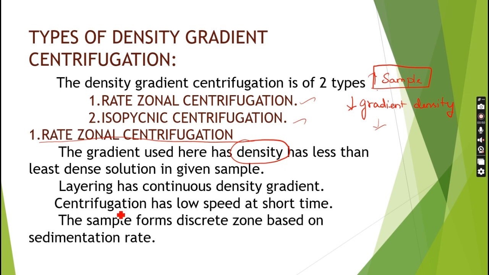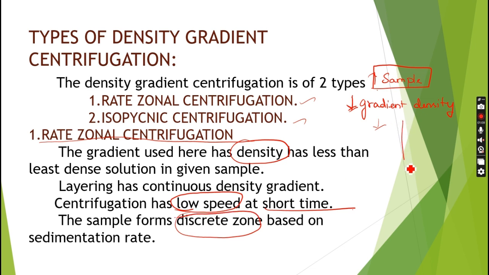So, centrifugation is going to take place at low speed, because the gradient density is less than the sample. There will be a low speed centrifugation for a short time, which leads to separation of components as discrete zones.